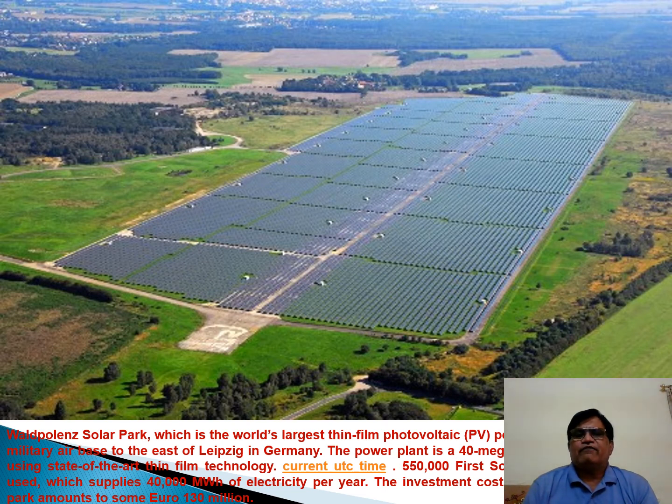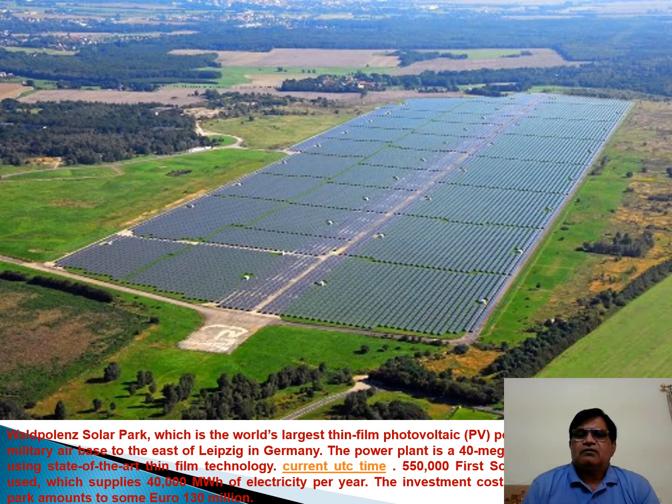In the majority of PV panels, that is the photovoltaic panels, silicon is the major content. However, various other materials are also used. Silicon we use because with silicon the cost effectiveness of the panel is possible, whereas if we use other semiconductor material, the cost effectiveness is not that much.